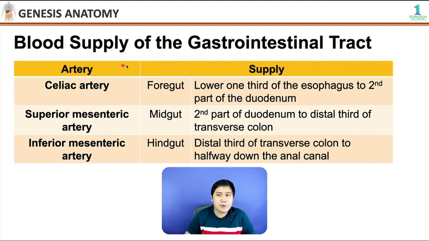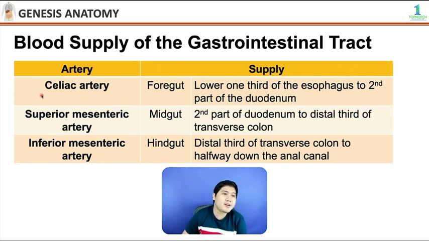Now let's discuss the blood supply of the gastrointestinal tract. To start, these are the visceral branches of your abdominal aorta.